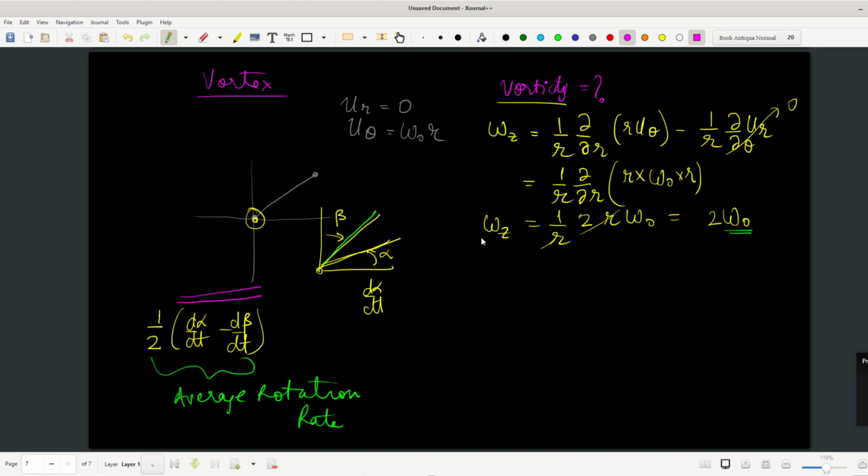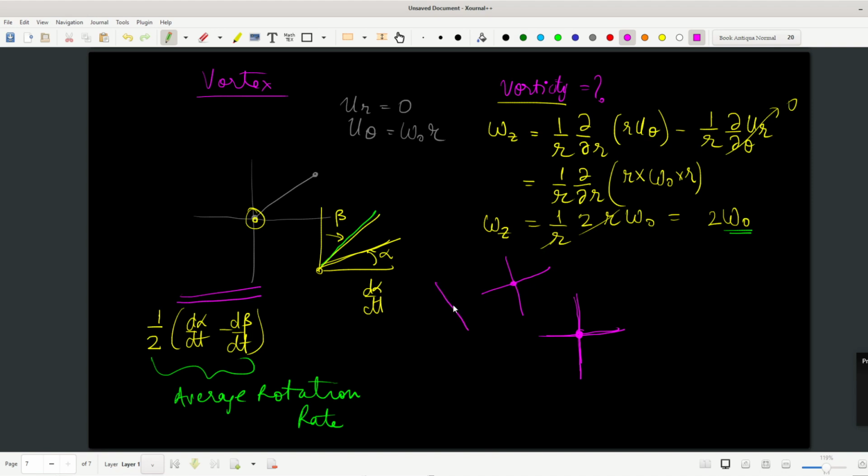But what does it mean? This entire thing, what does it mean? It means that the element is simply rotating like a solid body. There is no dependency on x, y, or whatever. It's simply rotating like a solid body. So if you have a cross in the flow, it will remain like a cross in the flow.